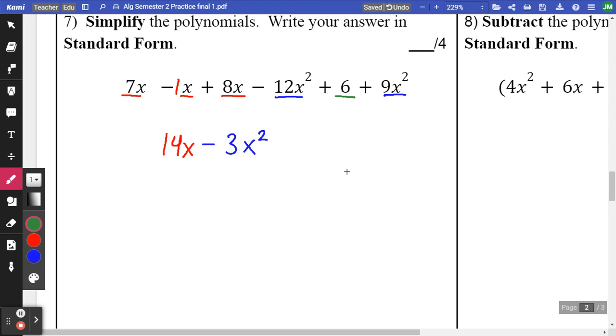And my number terms are left intact as 6. I didn't have to combine any of those. And now writing this in standard form, I need to rearrange the terms in order of highest exponent to lowest. So my answer is going to be negative 3x squared plus 14x plus 6.